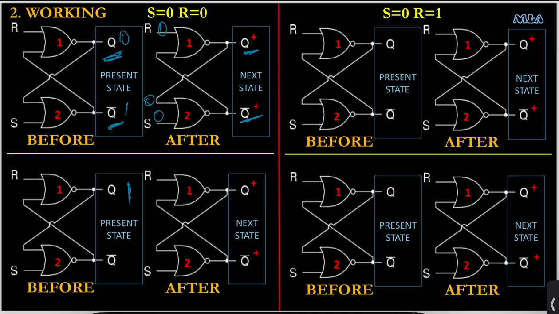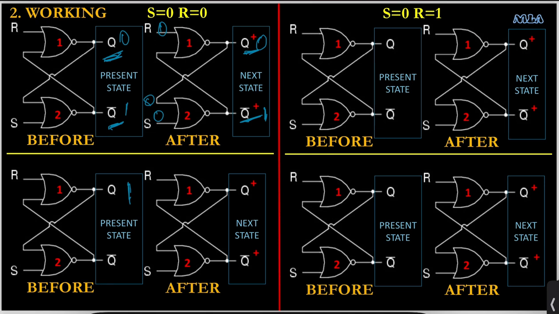So gate number 2, both the inputs are 0 now. So the output Q bar plus will be 1. Now, one of the inputs to gate number 1, which is a feedback input Q bar plus, is 1. So the output Q plus will be 0.